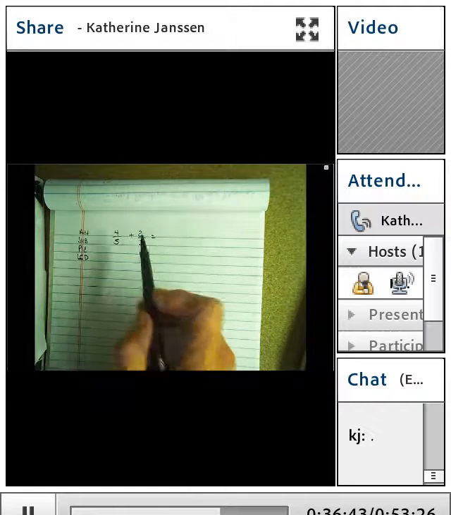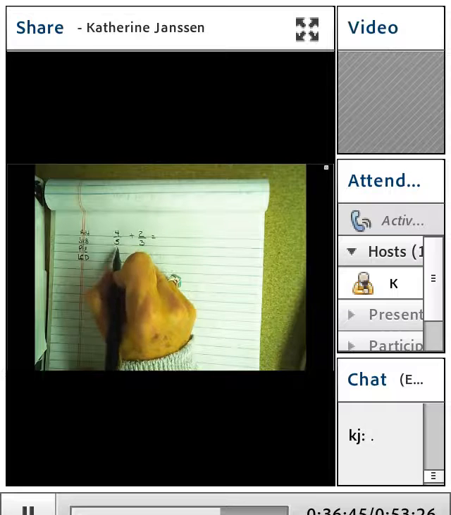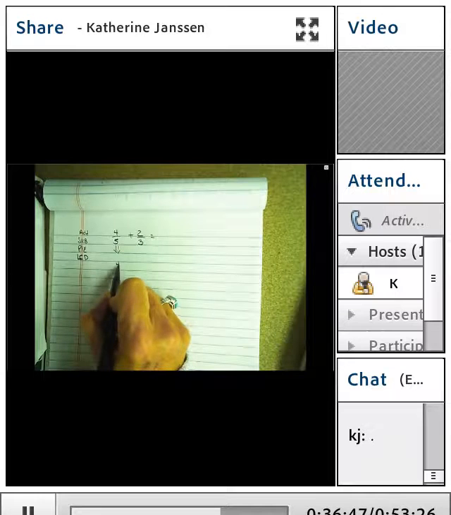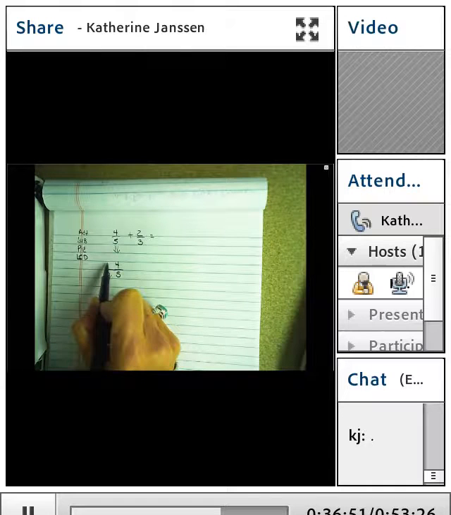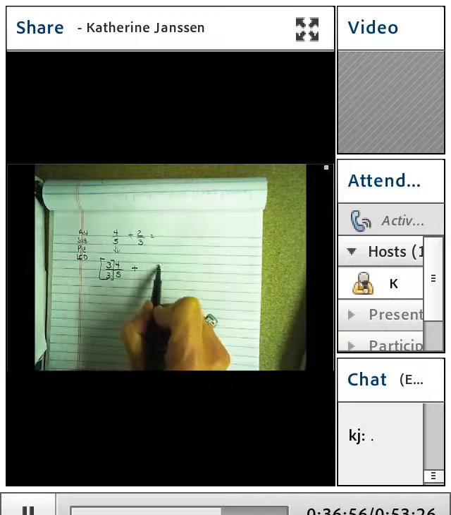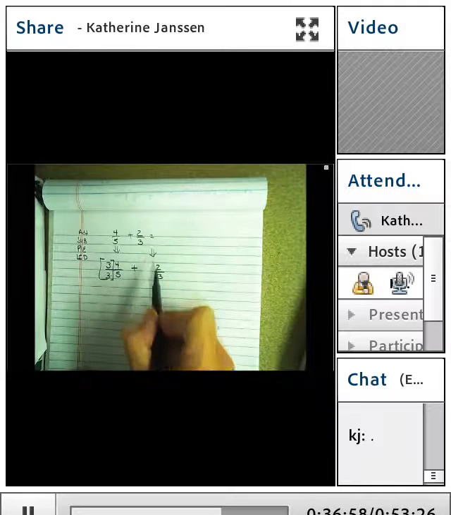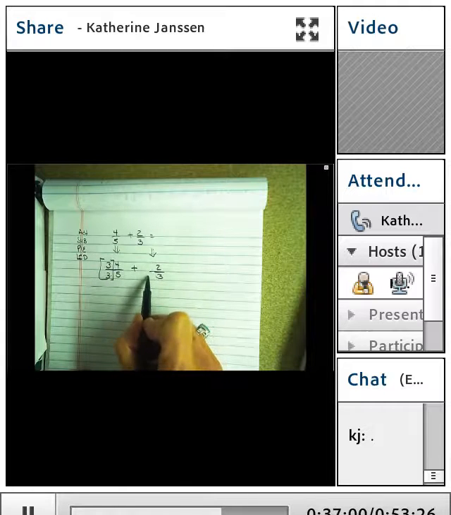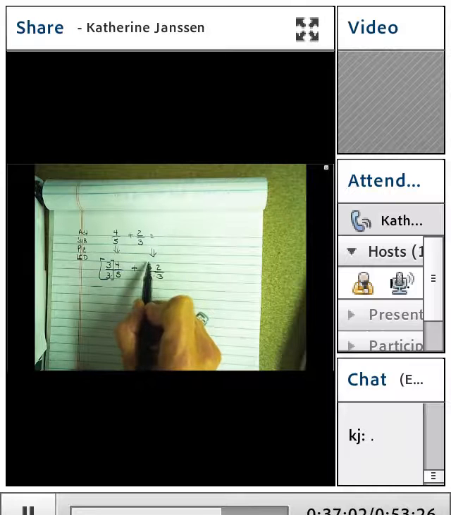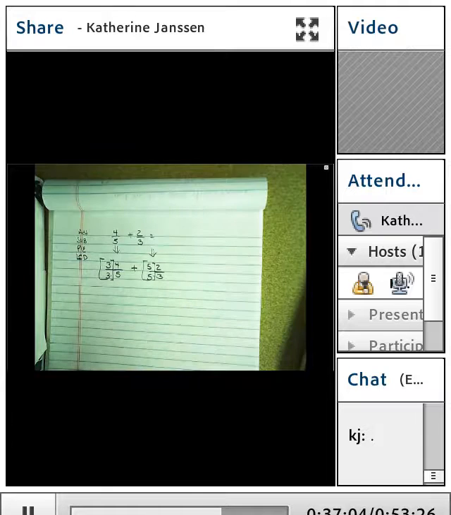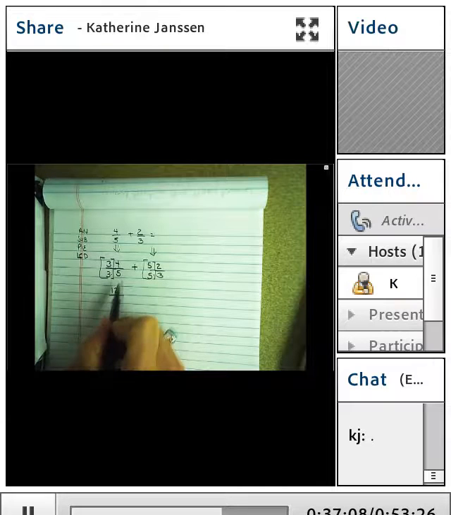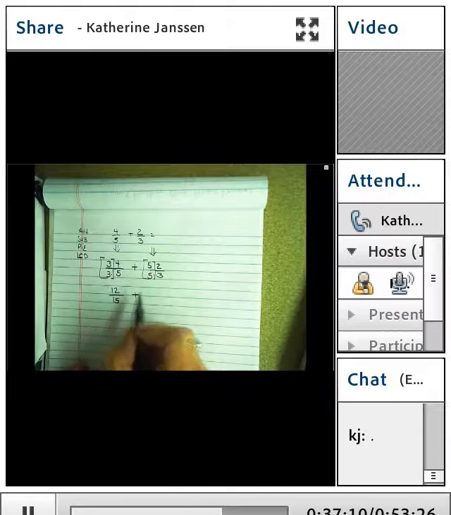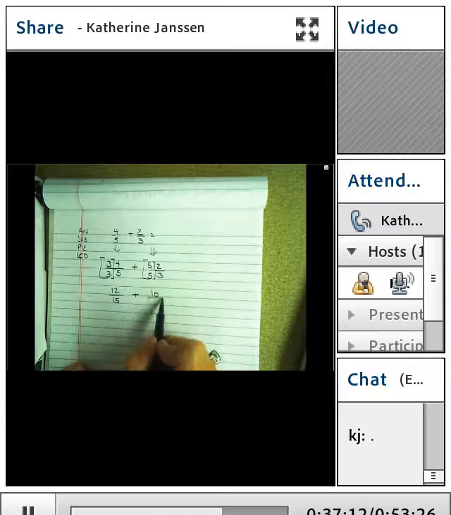Well, 3 times 5 is 15. So we'll convert to 15ths. 4/5, 3 times 5 would be 15. I'll multiply the numerator by 3 as another name for 1. And 2/3, converting to 15ths. 3 times 5 would be 15, so I'll multiply the numerator by 5 as another name for 1. 3 times 4 is 12, and 3 times 5 is 15. 5 times 2 is 10, and 5 times 3 is 15.